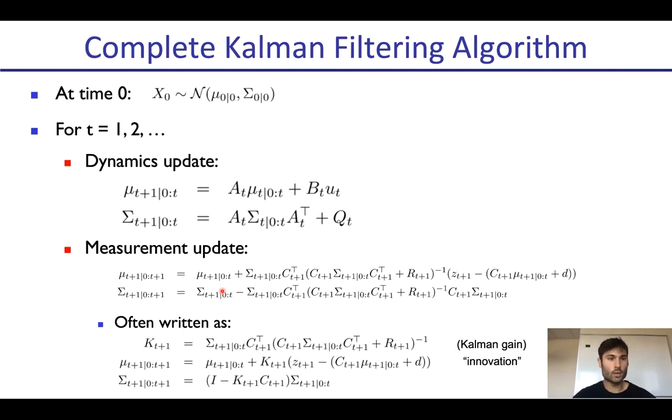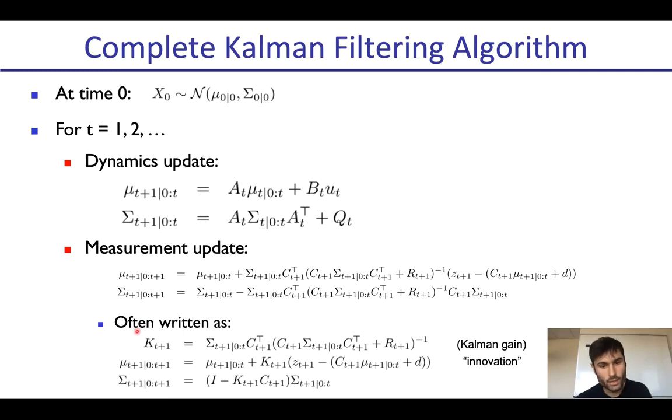Essentially, the system develops as follows: you start with some initial state that follows a predefined Gaussian distribution, and then at each step you alternate between predicting how your system will behave without actually knowing the measurement, and then incorporating the measurement into your beliefs to have a more accurate state of your system.